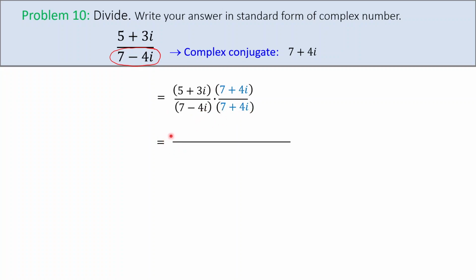equal to. Now this you can write by using this formula equal to a squared plus b squared. So this is a, 7 squared, plus this 4 is b, 4 squared. You don't have to put any sign here.